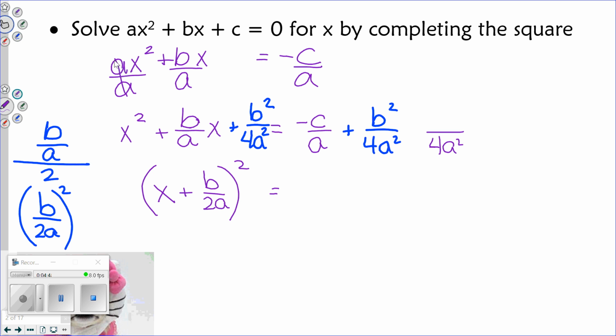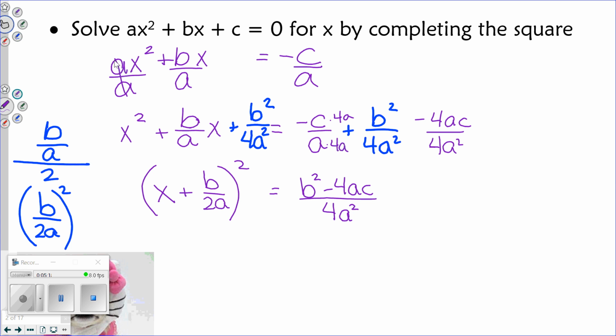The best I can do is make the little one bigger to match it. So what do you multiply a by to make it 4a squared? So 4a. So if I multiply the bottom by 4a, I multiply the top by 4a. So that would give me negative 4ac. Some of you are starting to see the formula, aren't you? So then to put my fractions together all over the common denominator, and I have b squared minus 4ac.